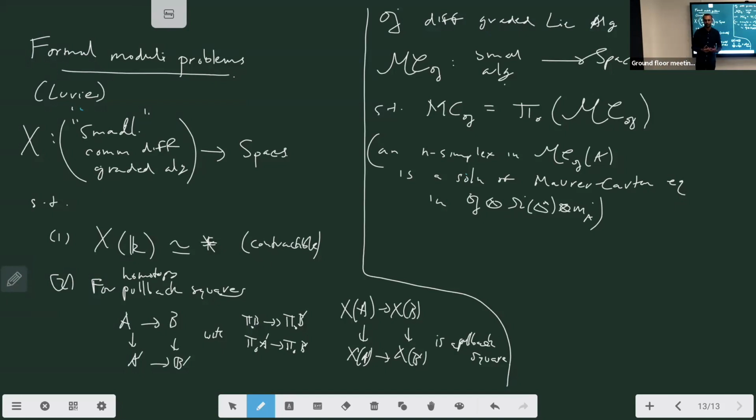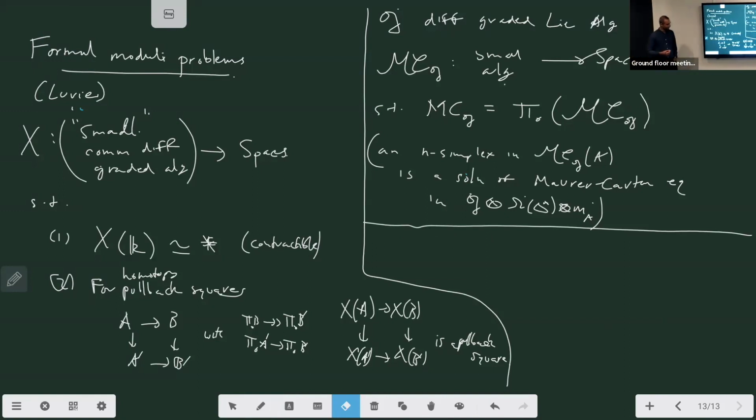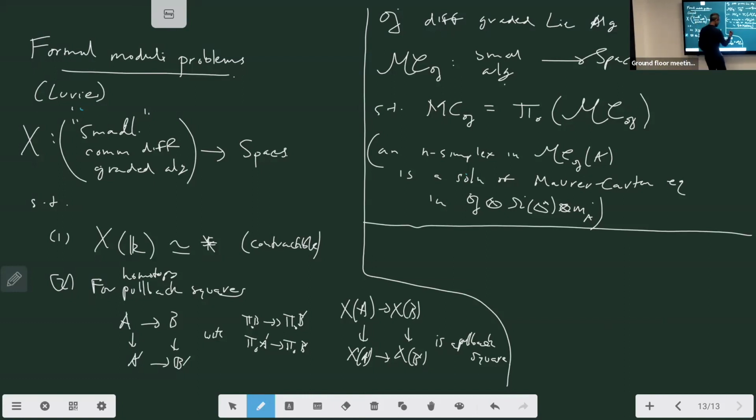So this led to the philosophy that every deformation problem, every formal moduli problem, should be controlled by some differential graded Lie algebra. But now in this context of formal derived geometry, you can make this into a theorem. Before it was only an art or a philosophy which was advocated by many people: Drinfeld, Feigin, Kontsevich, Deligne, many people advocated this idea, but then this became a theorem.